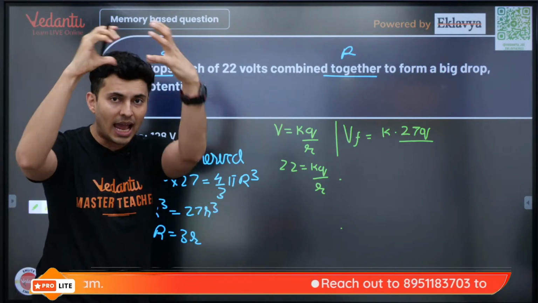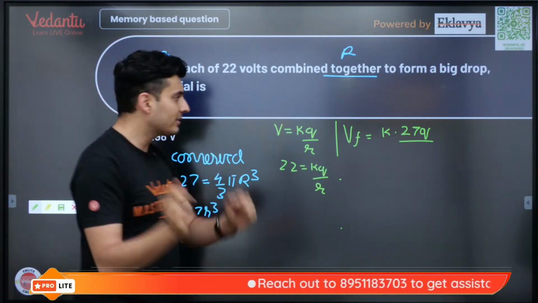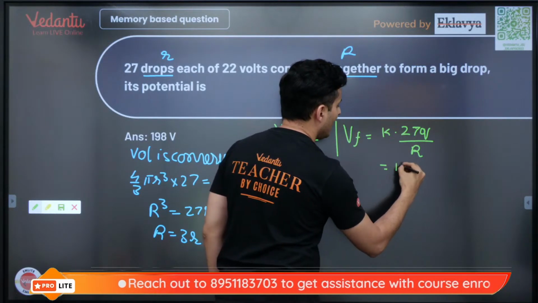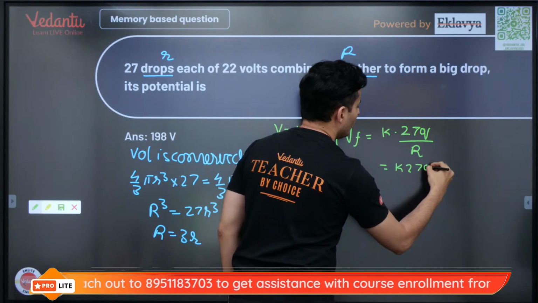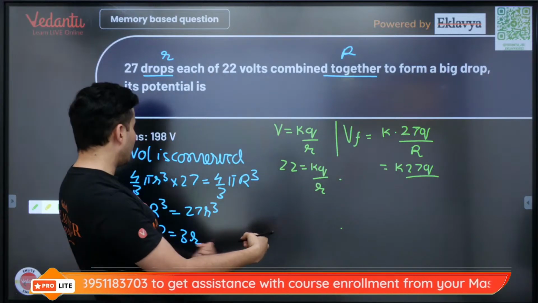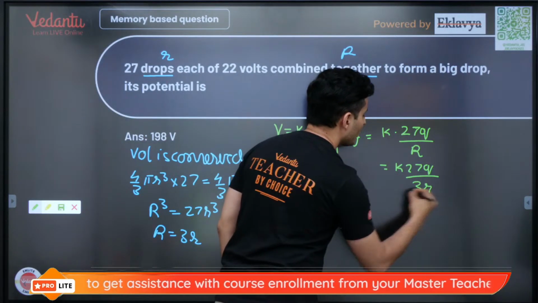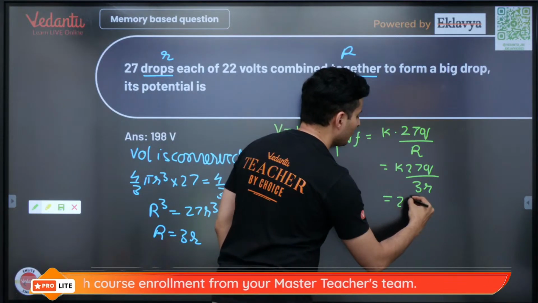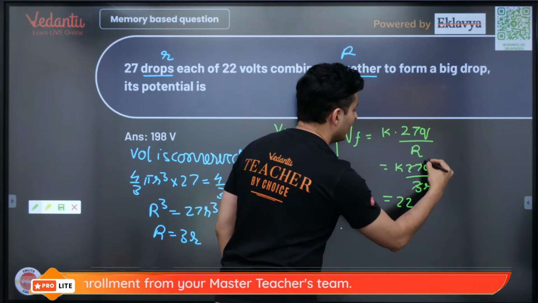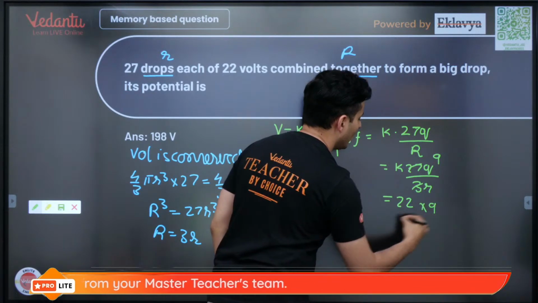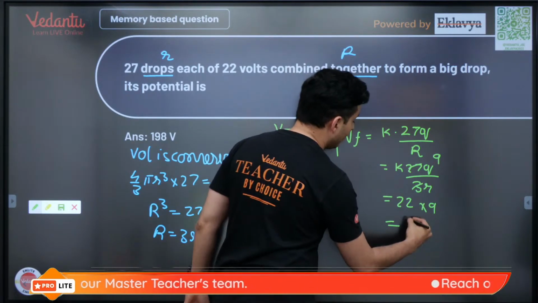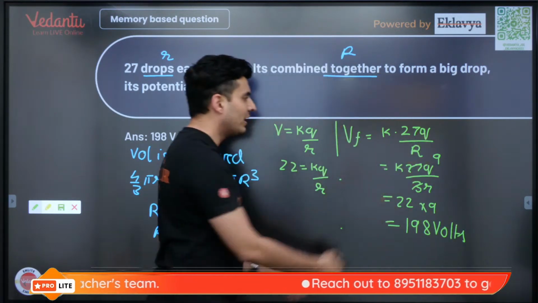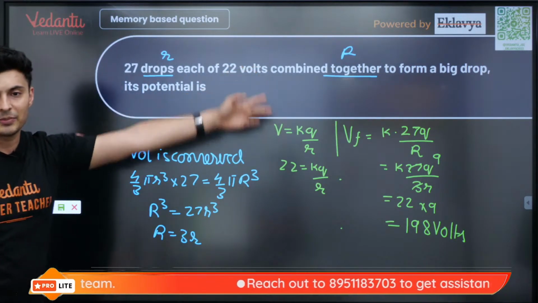Each drop's charge will add together to become 27Q, and this will be divided by capital R, which is 3 times small r. So KQ by small r is nothing but 22, and 27 by 3 is 9. So 22 into 9, that is nothing but your 198 volts. That is your answer. Many students forget to multiply by 27.